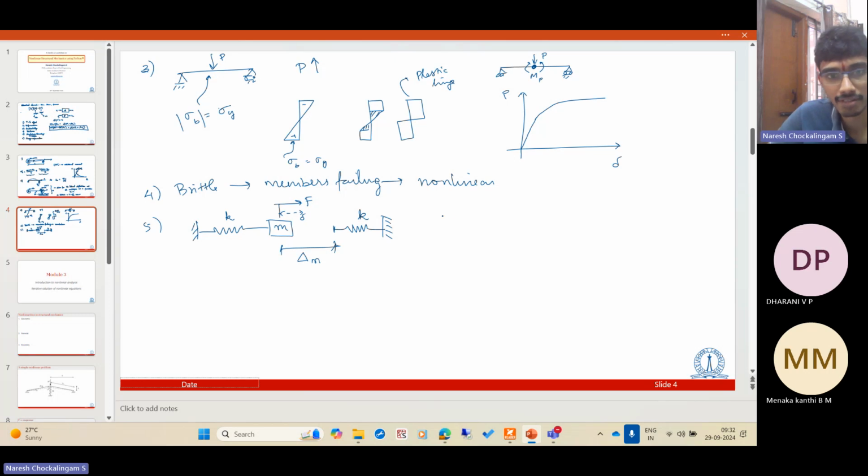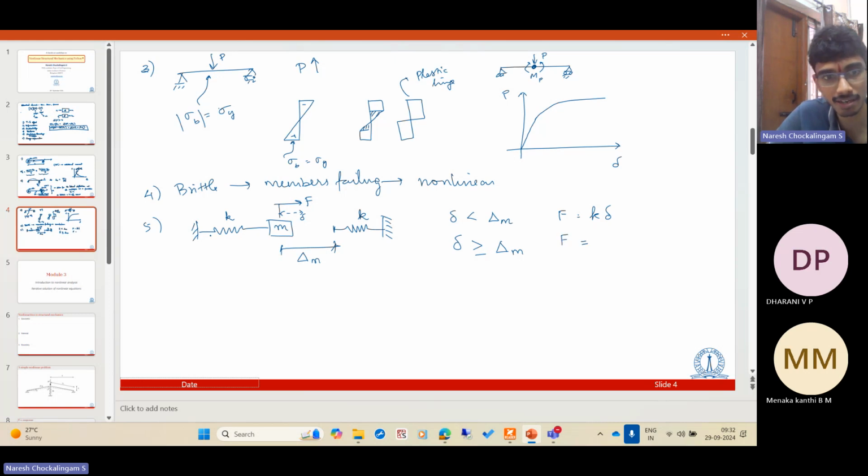So if this delta is less than delta M, the equations of equilibrium are that F is equal to K delta. But if this delta is greater than or equal to capital delta M, then what is the total external force? It is F.